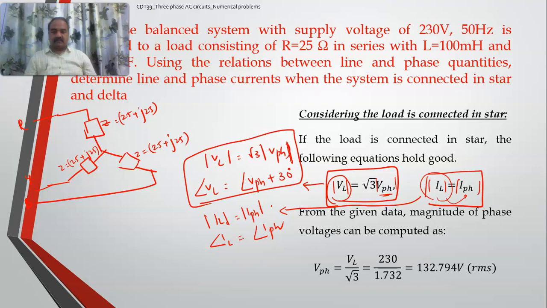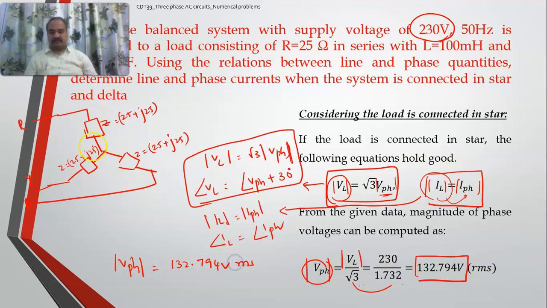So from this, the given magnitude is 230, the line voltage magnitude. So I'll consider the phase voltage magnitude. I'm considering only magnitudes, so it is VL by root 3. VL is given as 230 by 1.732, so I'll be getting a value of 132.794. See, this is magnitude only.